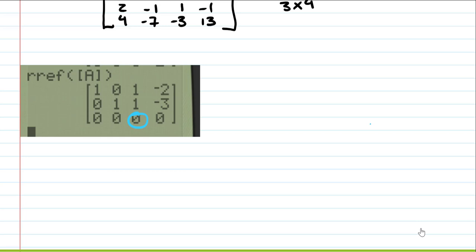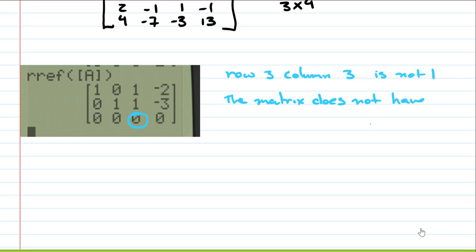All right, so we notice the difference this time is we don't have 1s on the main diagonal. Row 3, column 3 is not 1. The matrix does not have 1s on the main diagonal.